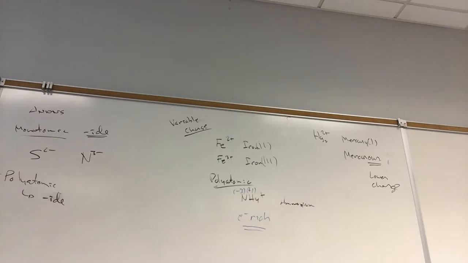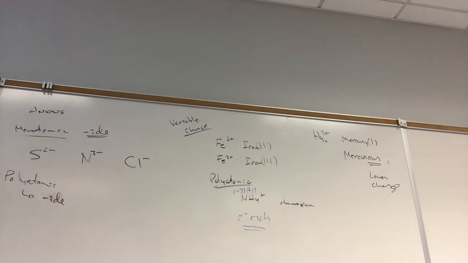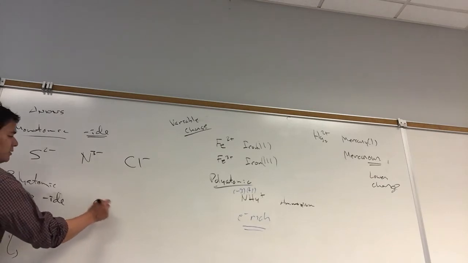What are the polyatomics that end in "ide"? Actually, chloride and fluoride are monatomic, because it's just one. They'd have to have more than one atom. Tell me an anion that has more than one atom but ends in "ide." Okay, I'll just tell you.